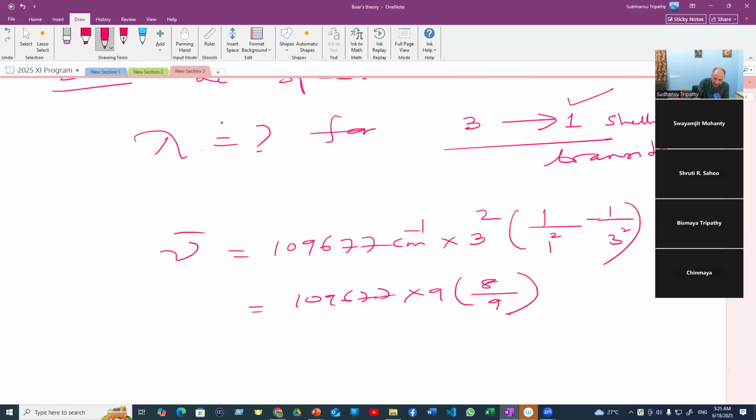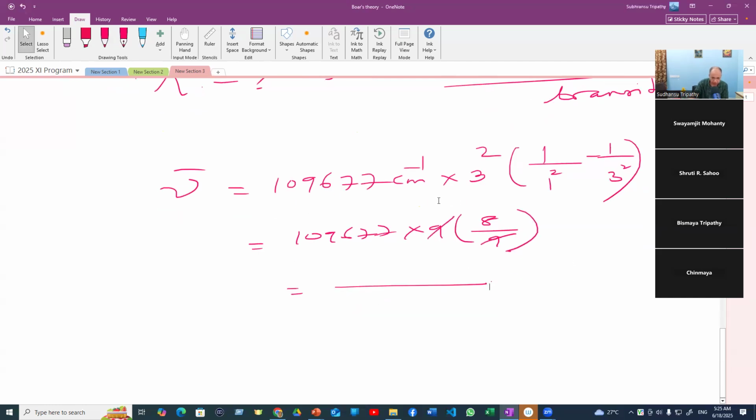So the 9 gets cancelled, and whatever comes, this is centimeter inverse. Sir, 877,416. And lambda is equal to the reciprocal of wave number.